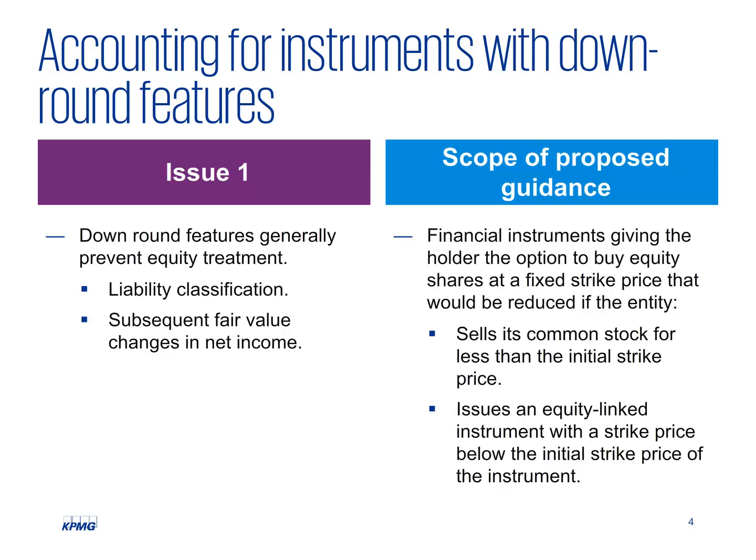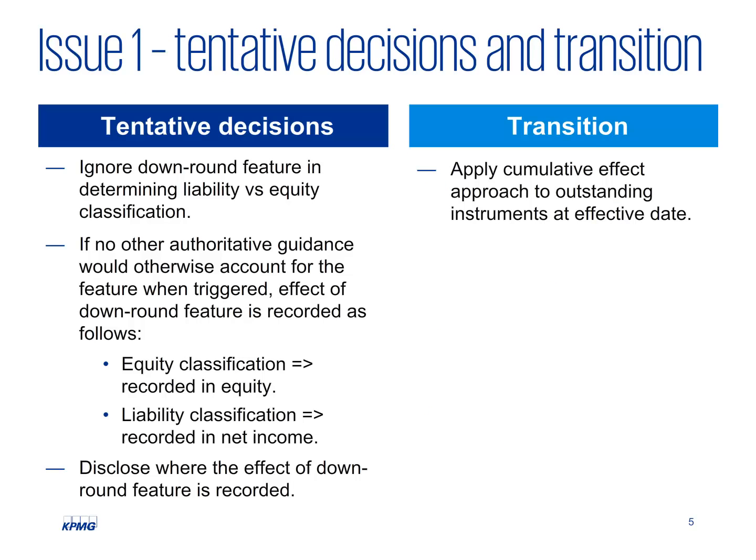Event number one would be the issuer selling its common stock for less than the initial strike price of the instrument, or two, the issuer issuing an equity-linked instrument with a strike price that is below the initial strike price of the instrument. So what did the FASB decide?